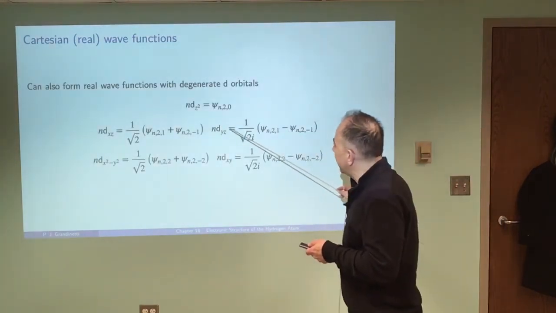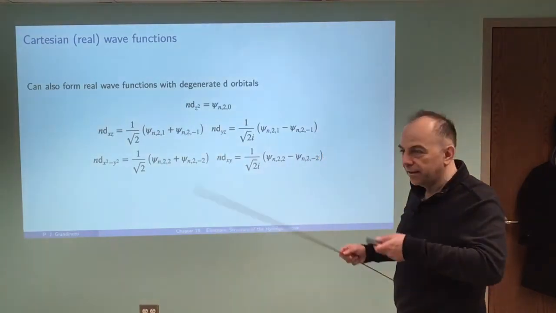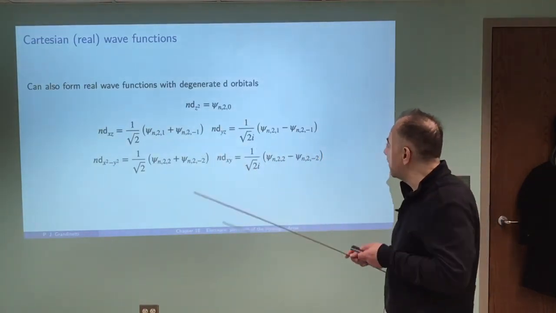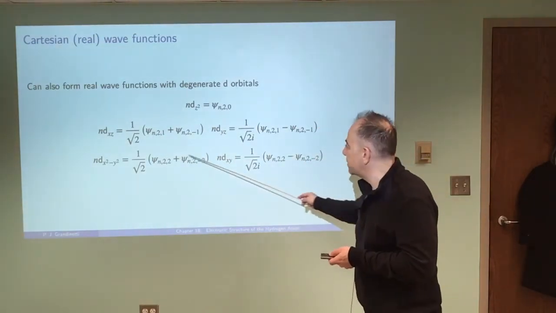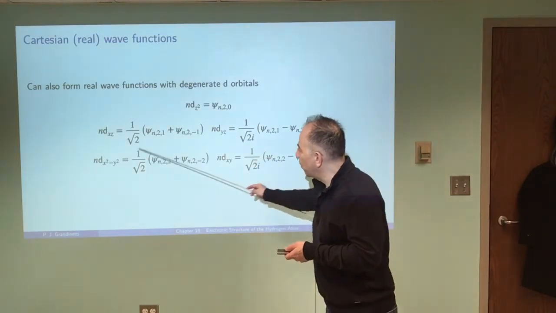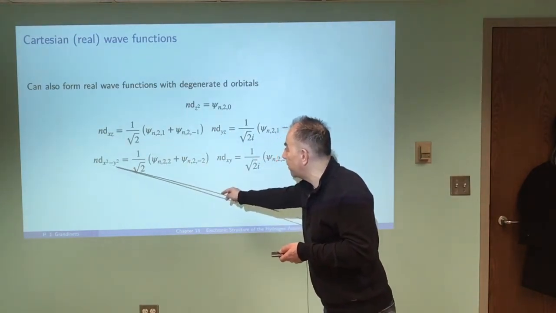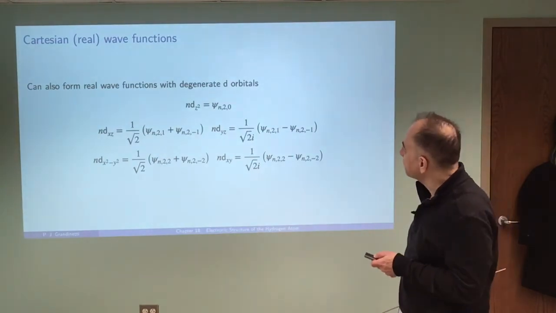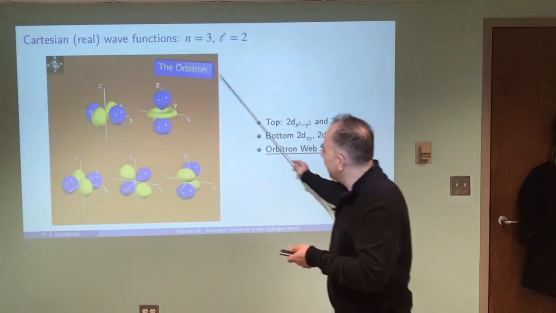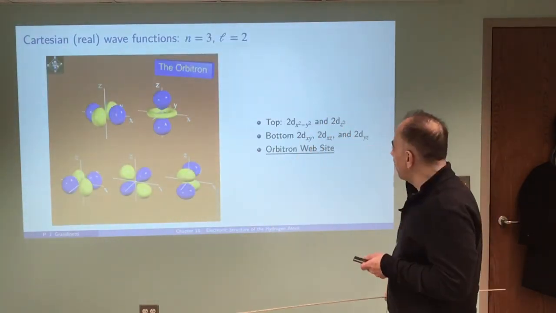The d orbitals, again, you can make linear combinations of the plus and minus values of the m sub L's, and you can get all the combinations that you recognize: dz squared, dxz, dx squared minus y squared, and so on. They're all defined here. And again, go back to the Orbitron website.